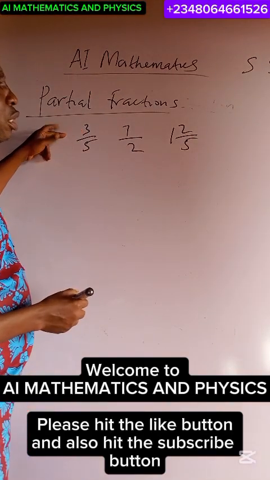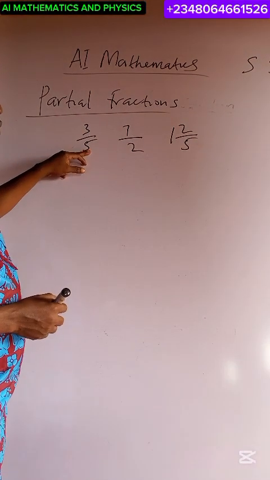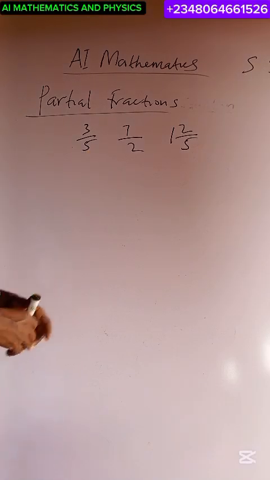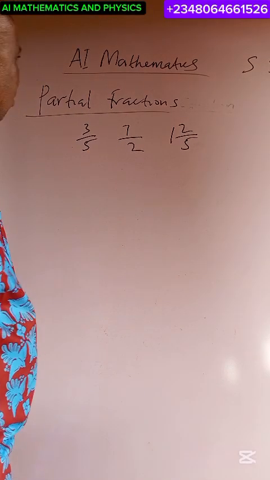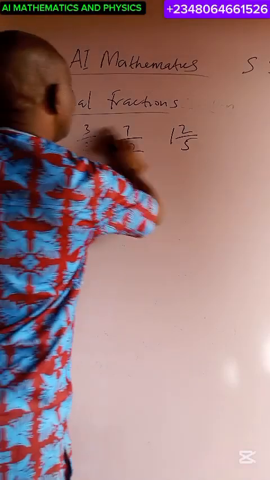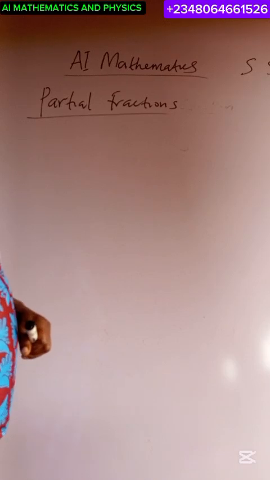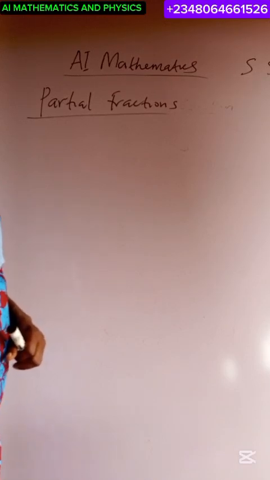The top one we call numerator, while the one below we call denominator. But partial fraction is also a fraction, but it contains algebraic fraction.